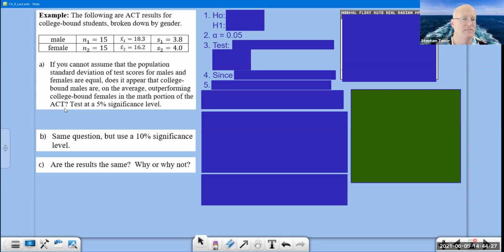Now, something I'm going to mention here, and I'm going to write a little comment here: is the data normally distributed? I wish they had asked this as part of the question, because when your sample sizes are each under 30, technically we need to check for normality.